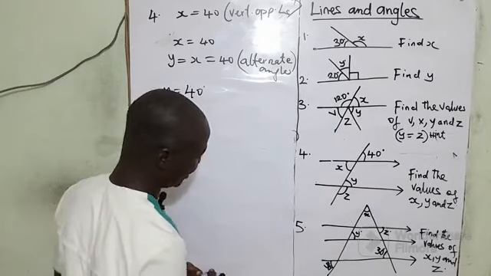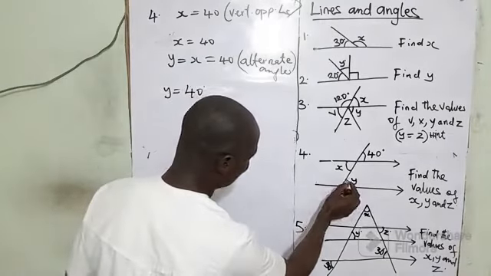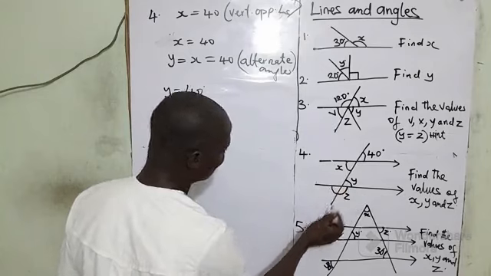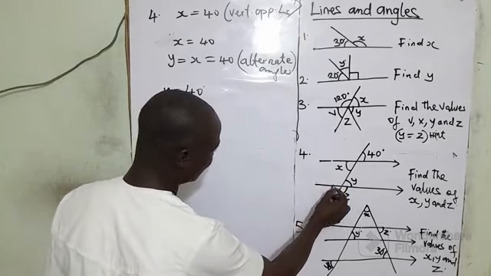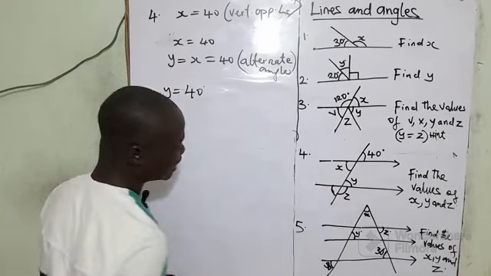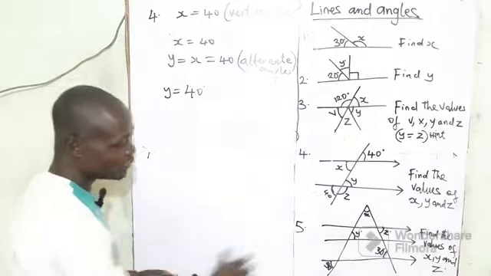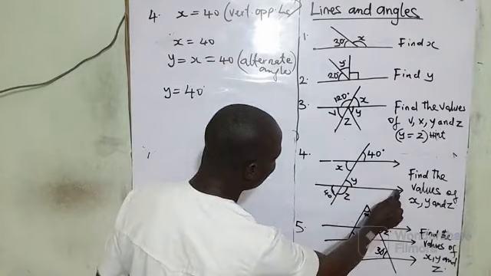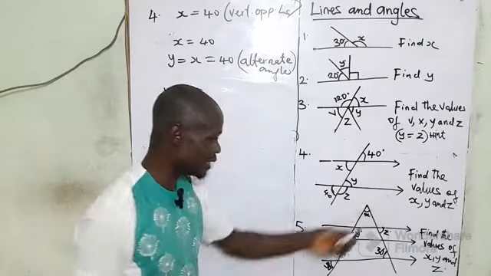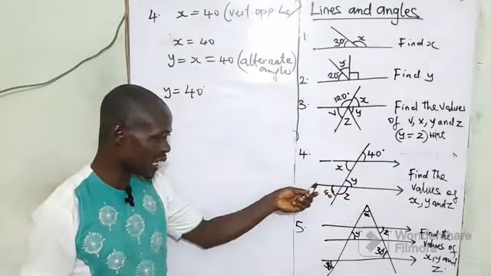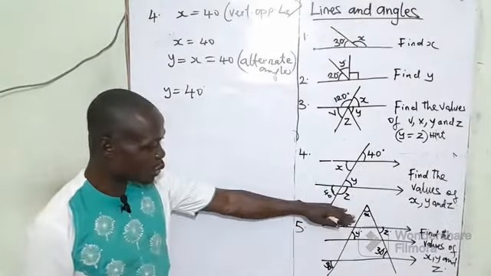If here is 40 degrees, then we can consider the angle on a straight line here. Looking at the lower part of it, 40 plus z will give me 180 degrees. So I can now say that 40 plus z is equal to 180 degrees, reason: angles on a straight line.